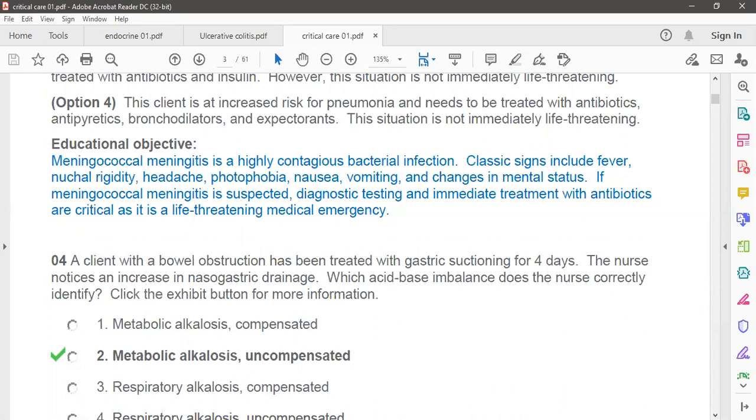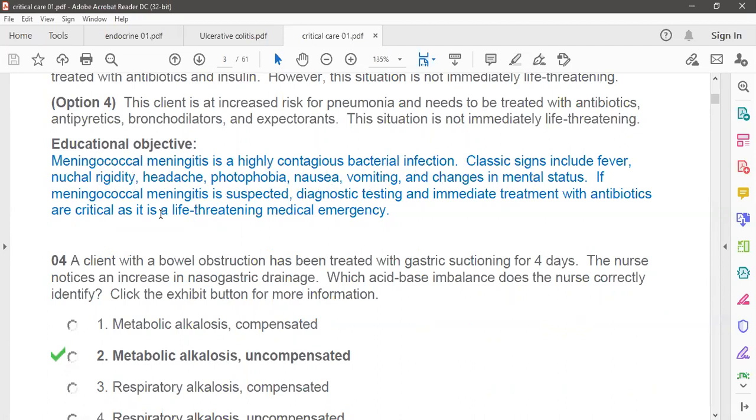Now let me read the educational objectives. Meningococcal meningitis is a highly contagious bacterial infection. Classic signs include fever, nuchal rigidity, headache, photophobia, nausea, vomiting, and change in mental status, shortly called level of consciousness.